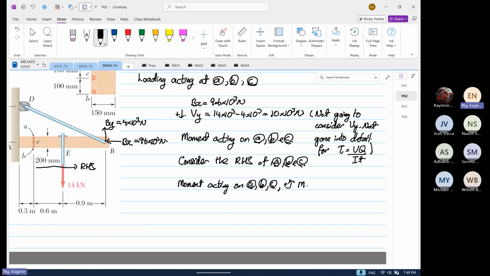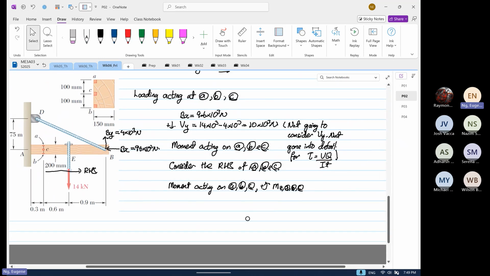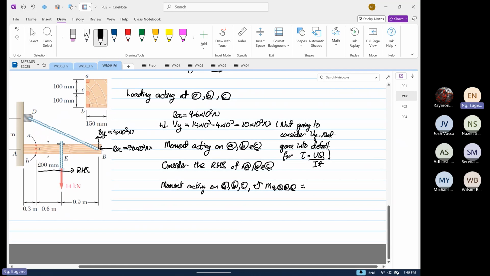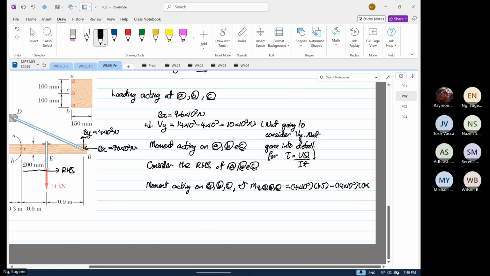So the moment acting on Z, on A, B, and C, will be equal to positive 4 times 10 to the power 3 multiplied by 0.6 plus 0.9, so this is 1.5, then minus 14 times 10 to the power 3 multiplied by 0.6. So this is 4 times 10 to the power 3 times 1.5 minus 14 times 10 to the power 3 times 0.6.